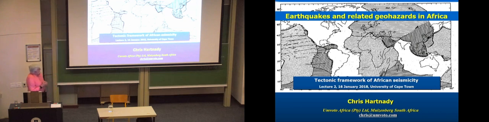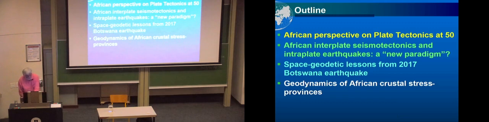And the reason why it's appropriate, the map that you see, that one was published exactly 50 years ago, and it's the first definition of the African plate. And I'll show it again later on. So that's important. Okay, let me get on.